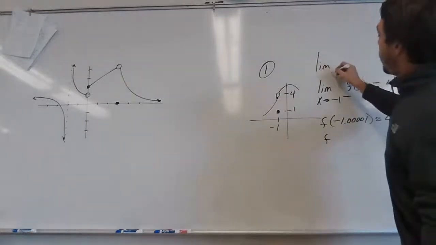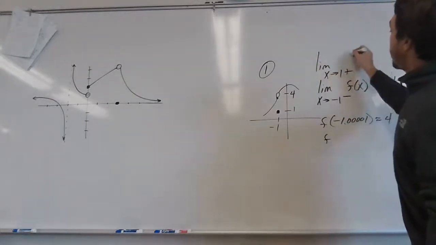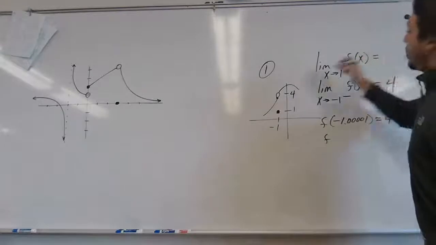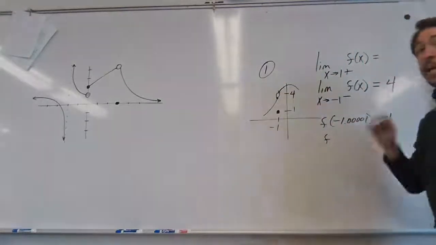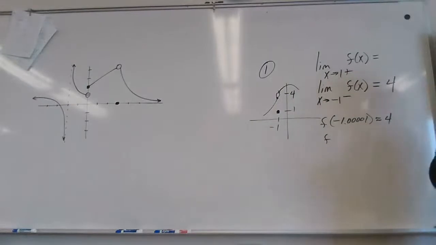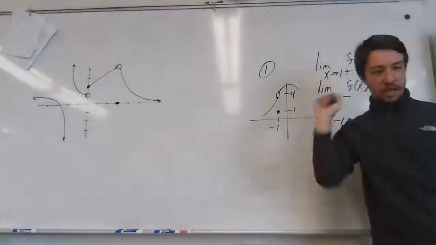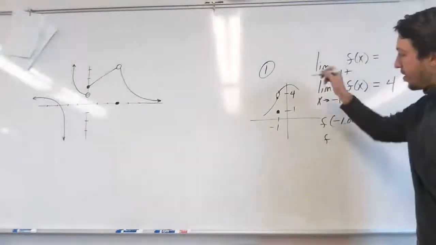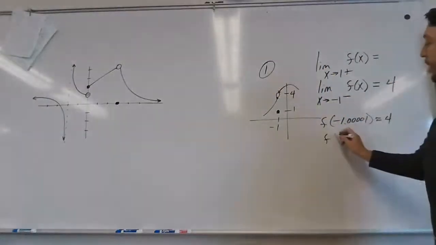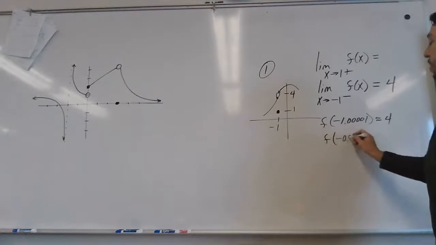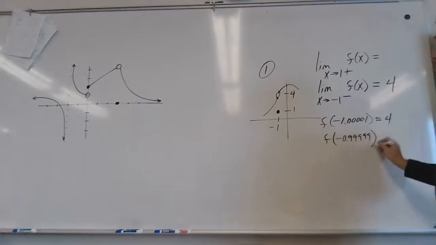What if I plugged in a number to the right? What if I went the limit as x approaches -1 from the right? Where would I be there? Again, do I care about what happens at -1 exactly? No, I do not. I care about just being barely to the right of -1, so for example, a point like -0.99999.